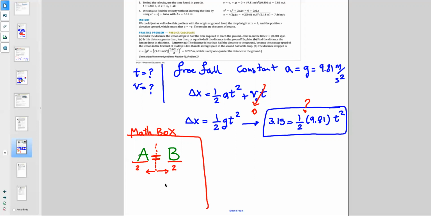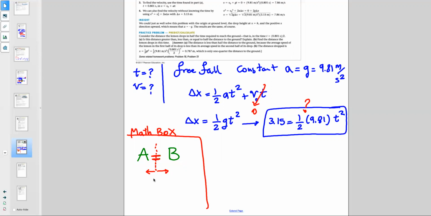The point here is that whatever you do on the left-hand side, if you do the exact same thing on the right-hand side, they will still be equal. If you divide this by 1.1 and do the same thing over here, the equal sign will still be correct.